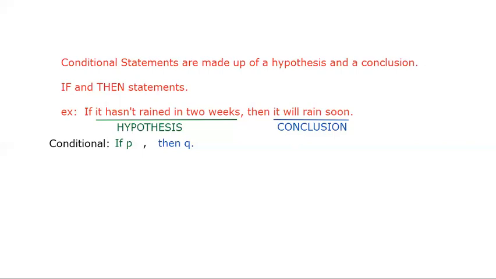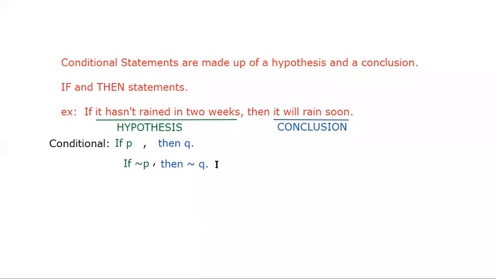Now the other format of your conditional is if not P, then not Q. So you do see this swirly equal sign. There's a name for it, and I just can't remember what it's called right now. And it doesn't matter what it's called. It means not.